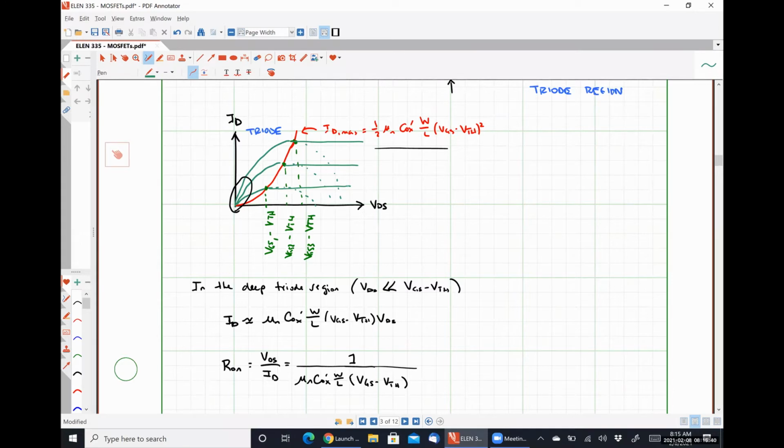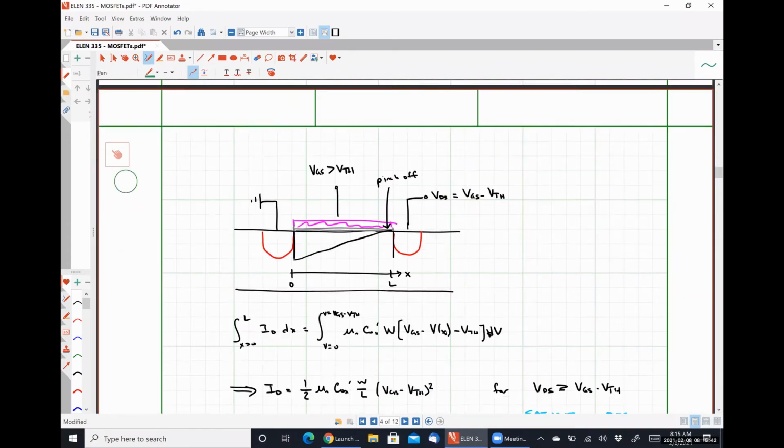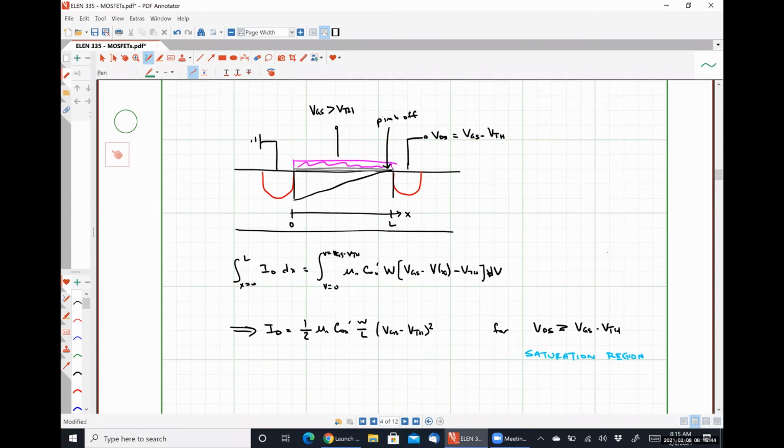Let's look at this picture again, where we are in saturation. What happens if VDS is greater than VGS minus VTH? What's going to happen to our charge distribution?